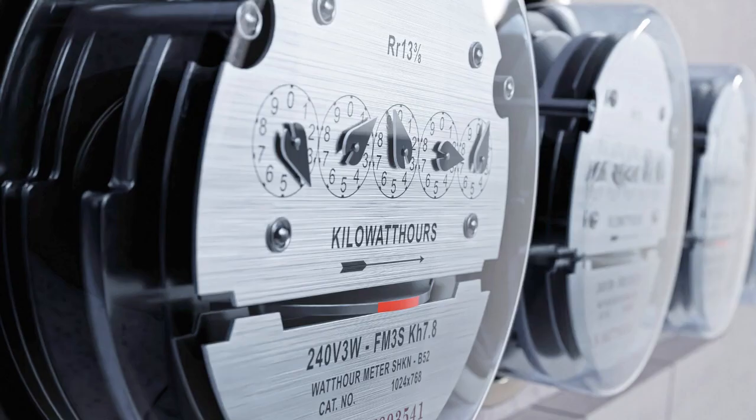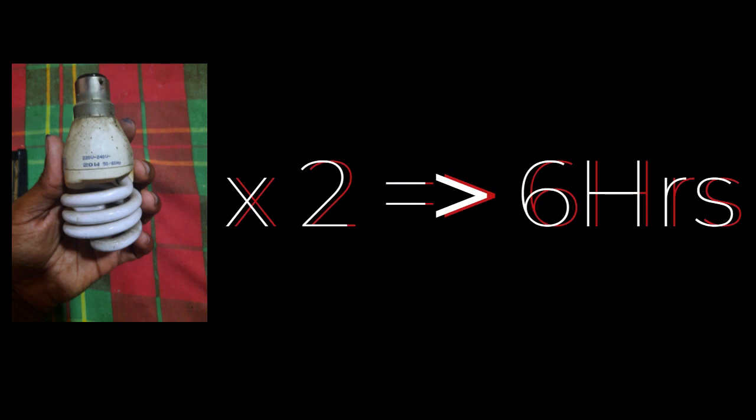Okay, so now that you know how to find out the power rating of your appliance, let's get on with calculating the electricity bill. Let's say 2 of these 20 watt bulbs work for 6 hours daily.